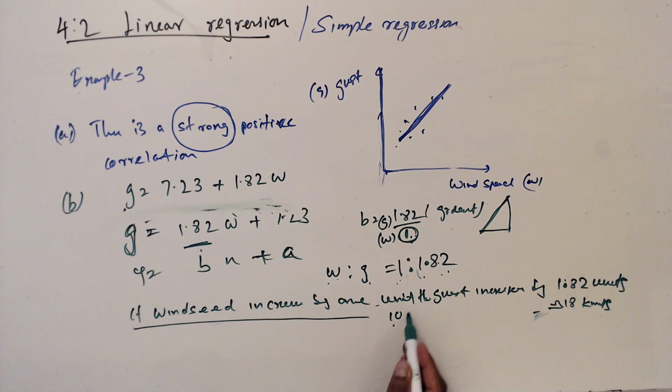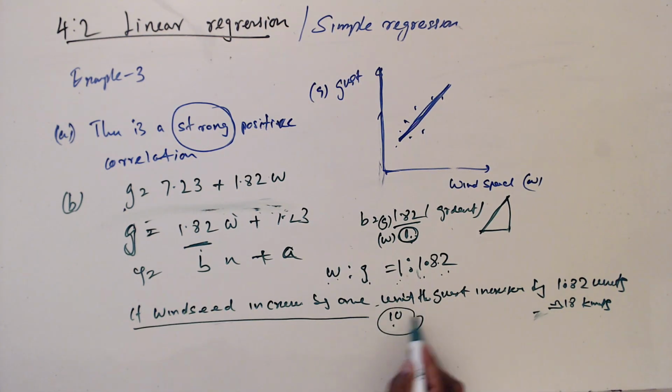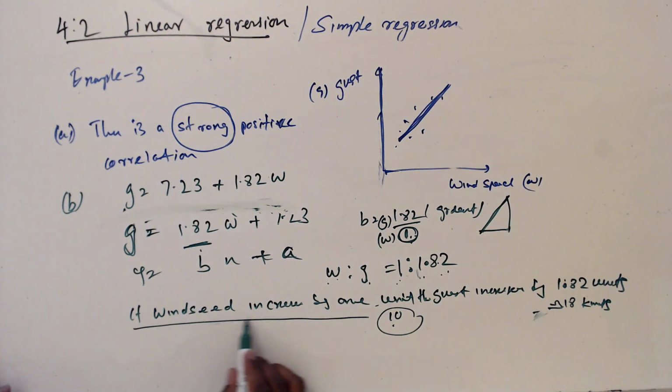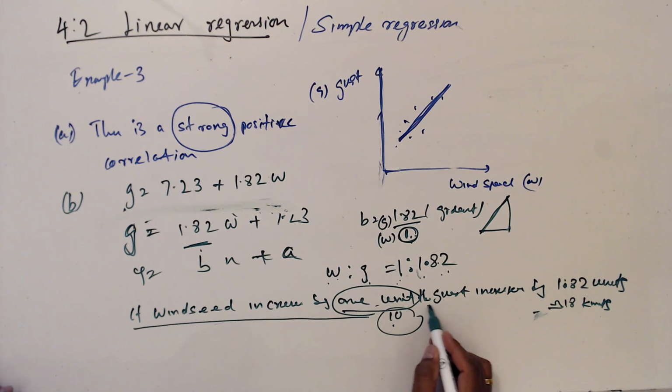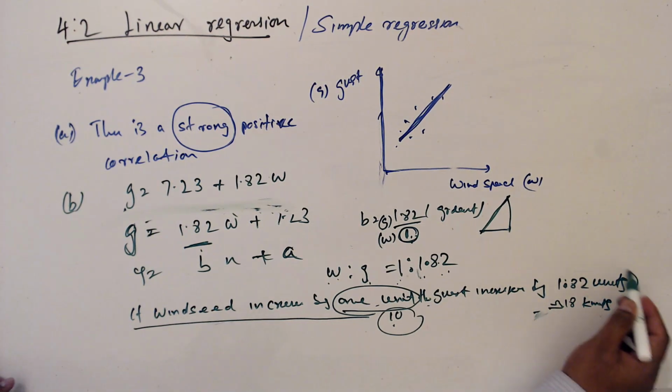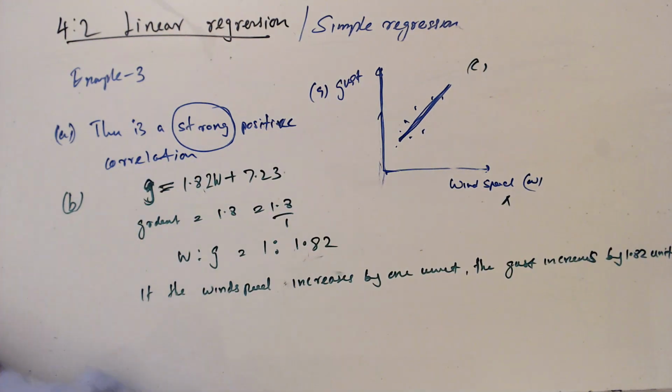You can say it for a 1 unit increase, or in terms of 10 units. If wind speed increases by 1 unit, the gust increases by 1.8 units. If it is 10 units, it is approximately 18 units.